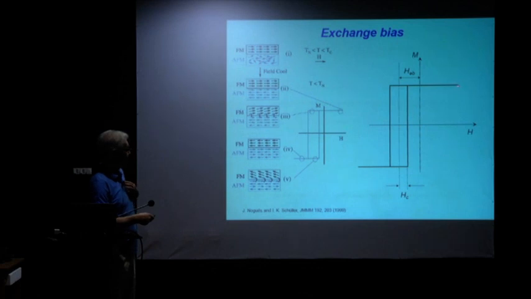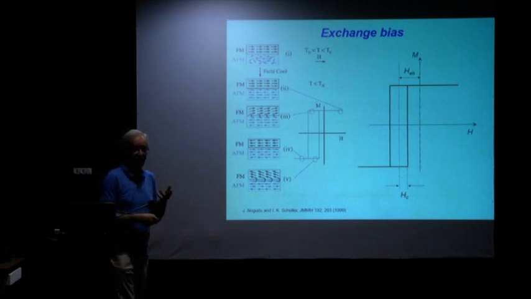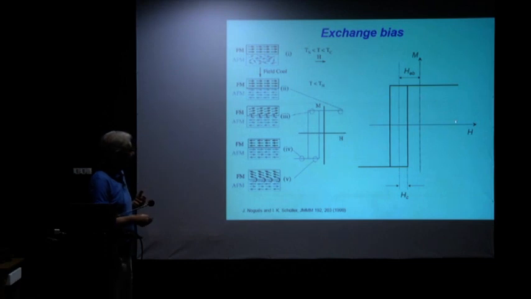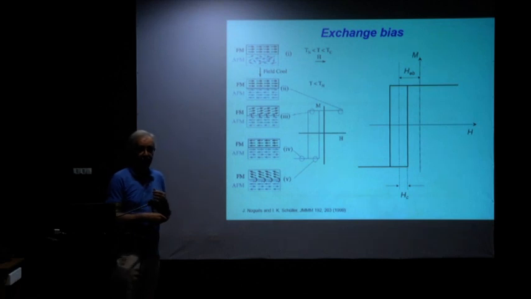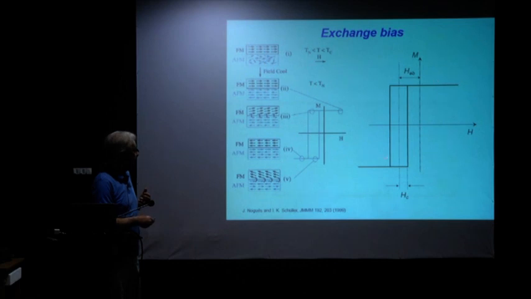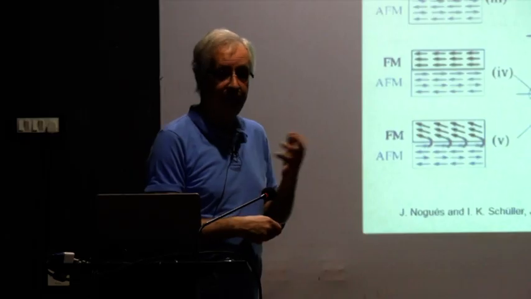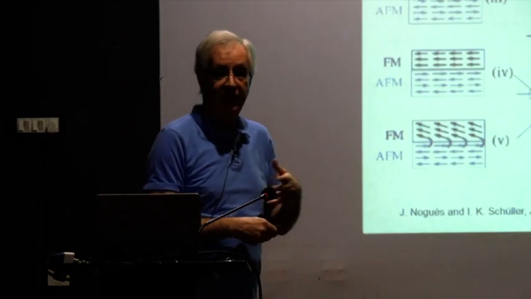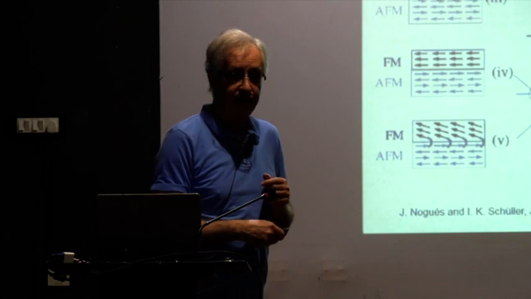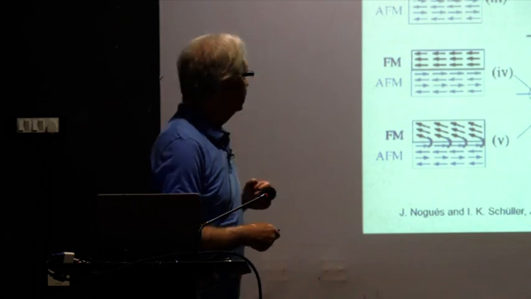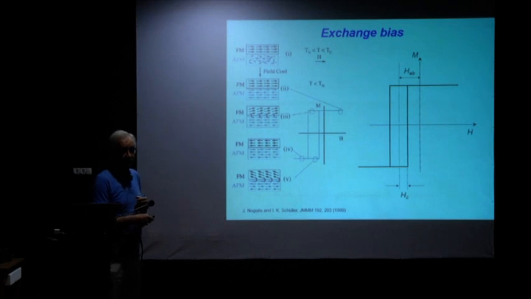Normally a magnetization curve, a hysteresis curve, is symmetric around the origin. Well, sometimes under certain conditions, when you measure the magnetization loop, what you come across is a loop that is shifted to negative values, in some cases to positive values, and in some cases you can also have vertical shifts of these things.